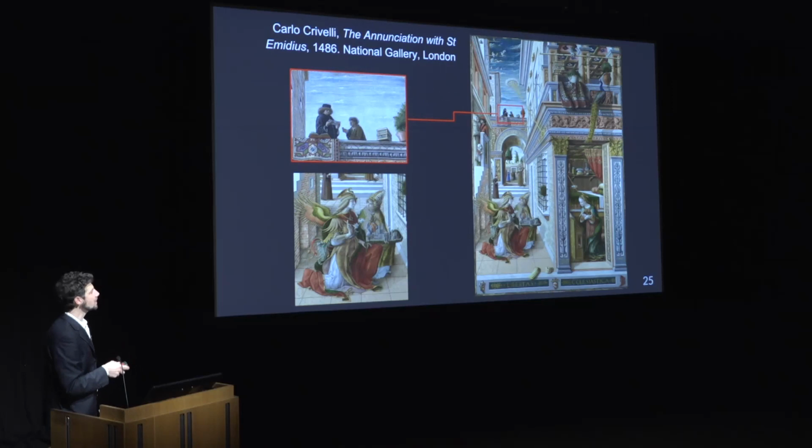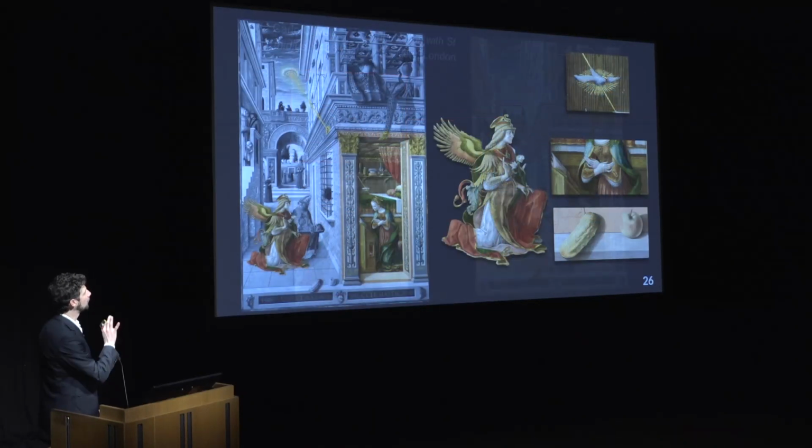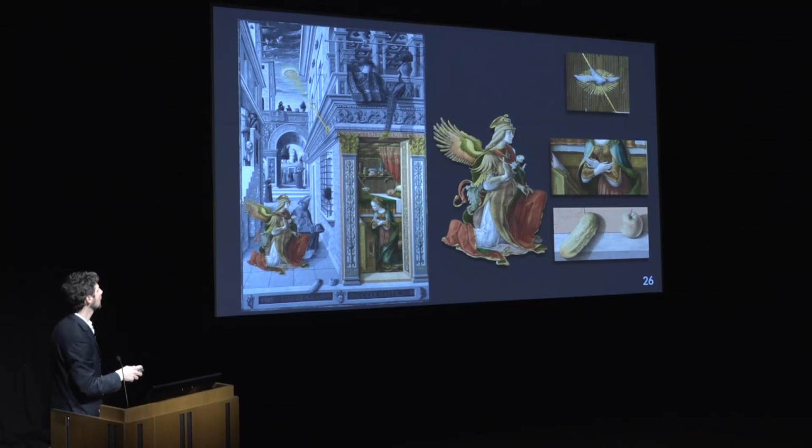So, an angel is a messenger. We know what the message is this time: he is announcing that the Virgin will give birth to a very special baby, Jesus. And if we focus on the right-hand side of the composition, we have an interior of a house, ideally Mary's house. She's a very good girl. Look at that.